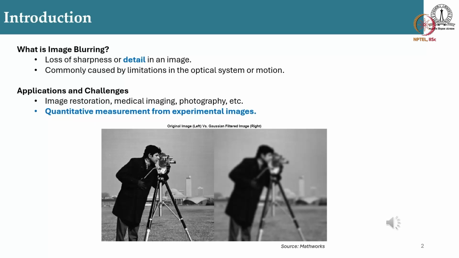There, restoration of information from a blurred image, a blurred signal, is very important. And a natural extension of this idea, being a fluid mechanics person, is to establish quantitative measurements from blurred experimental images.